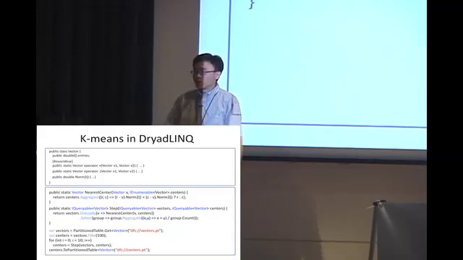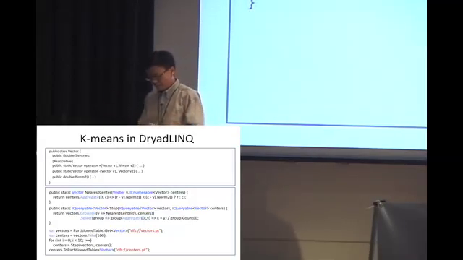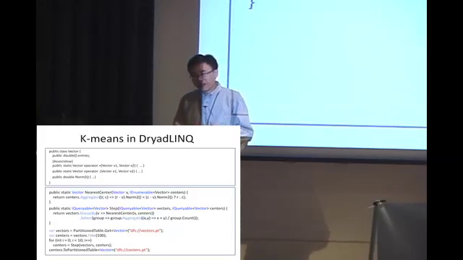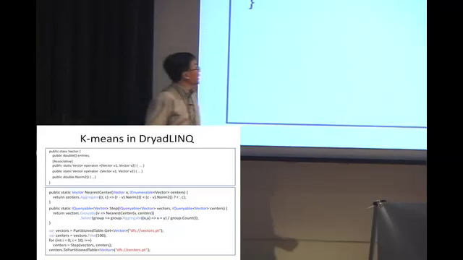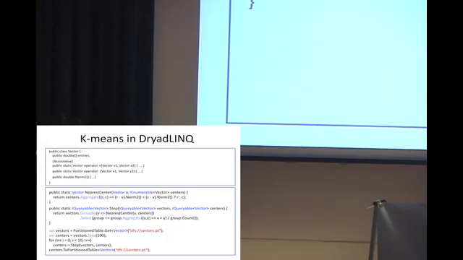Then it's an iterative program, and you take one step. The one step, if you look at it, is very similar to a MapReduce. You do a group by, which means you group each point to the nearest center, and then you recompute the collection of centers by doing an aggregation. This is the vector addition, and this is the count of the group.